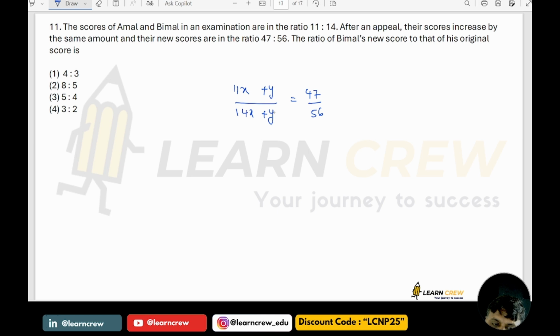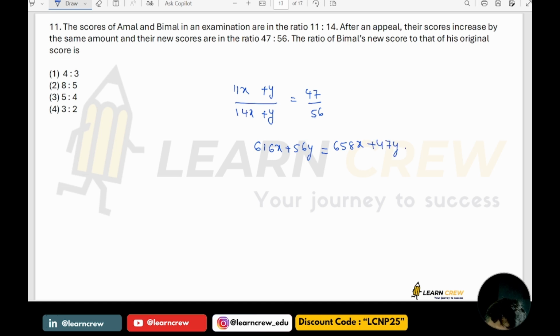Now please observe here. Simplify this. If you simplify this, how much are we going to get? 11x plus y over 14x plus y equals 47 by 56. So 56 into 11 is 616. 616x plus 56y is equal to 47 into 14. 14 40s are 560. 560 plus 98 is 658, plus 47y.